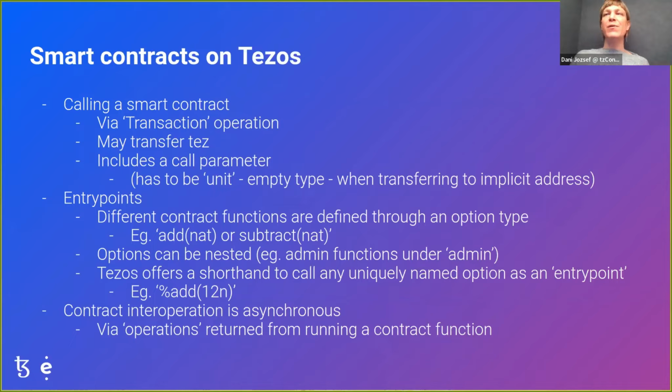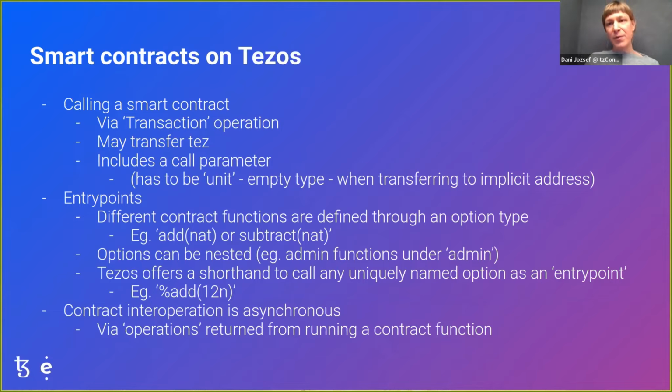If we're transferring some Tez to an implicit account, this has to be of unit type, that is the empty type. But when we're calling a smart contract, then it needs to be the type of the smart contract call parameter. And here we get to entry points, which is Tezos's solution to having a smart contract expose multiple functions.